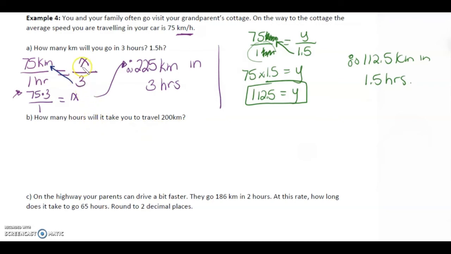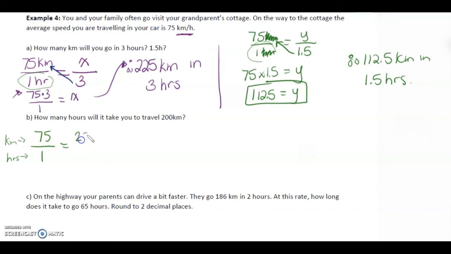Okay, so that one was easy because we had the x and the y on the top. Now, if we're considering the exact same fraction, let's do b. How many hours will it take you to travel 200 kilometers? So if you remember, hours is on the bottom, and then kilometers is on the top. We have to be consistent with that.